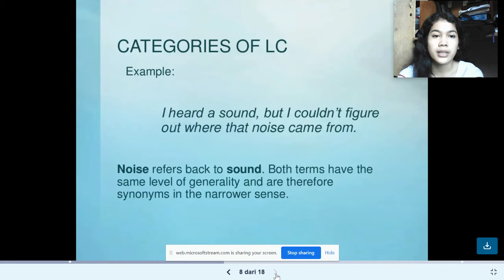The example here: I heard a sound but I couldn't figure out where that noise came from. Noise refers back to sound. Both terms have the same level of generality and are therefore synonyms in the narrow sense.